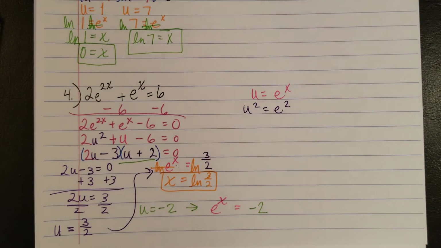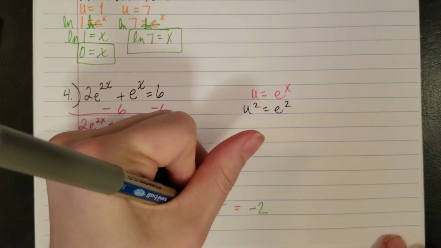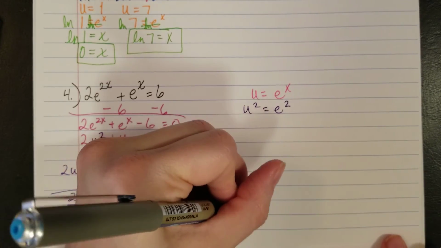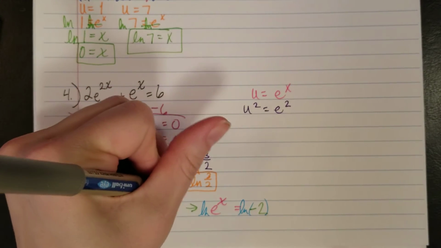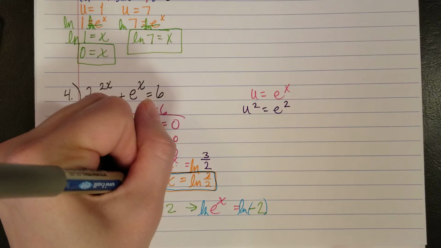Then I would take the natural log of both sides, except I can't have a log of a negative. So there's no solution from that. So my only solution then is that x equals ln of 3/2.